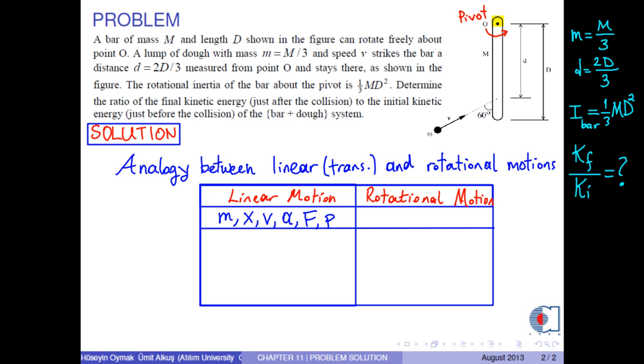On the other hand, rotational motion is described by the parameters moment of inertia, angular distance, angular velocity, angular acceleration, torque, and angular momentum. Linear momentum is defined by the formula m times v, where m is the mass and v is the linear speed of the object. On the other hand, angular momentum is defined by the formula moment of inertia times the angular speed.